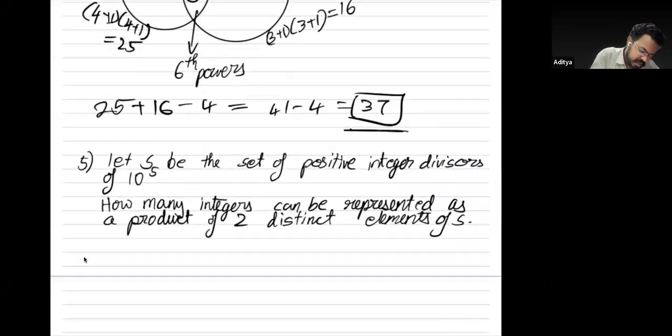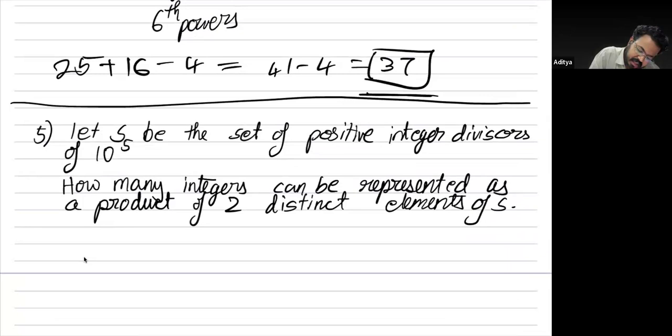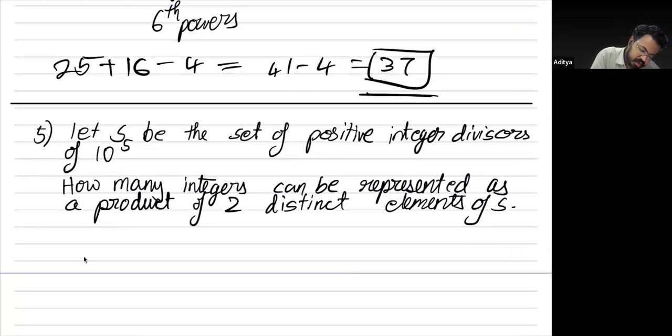Question 5 is saying that you have a set S that contains all the positive integral divisors of 10 to the power 5. How many integers can be represented as a product of two distinct elements of S?